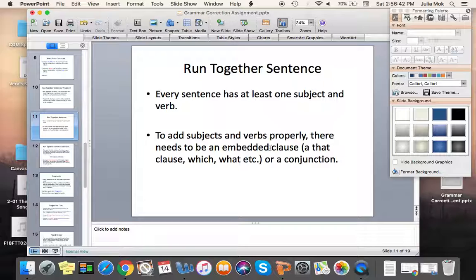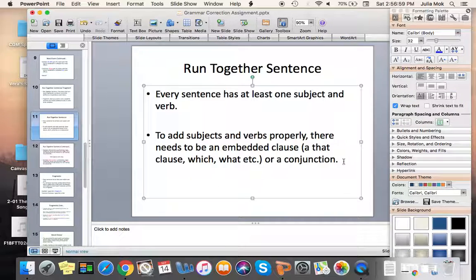Either you need an embedded clause, a clause that starts with which or what, or more commonly, we need to use a conjunction. In English, we cannot have sentences that have subject, verb, with no conjunction or embedded clause in the middle. We need that in English.